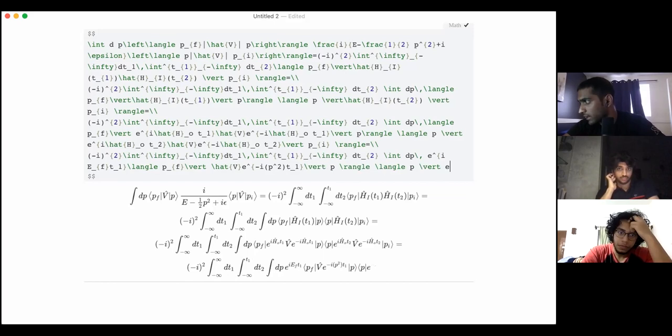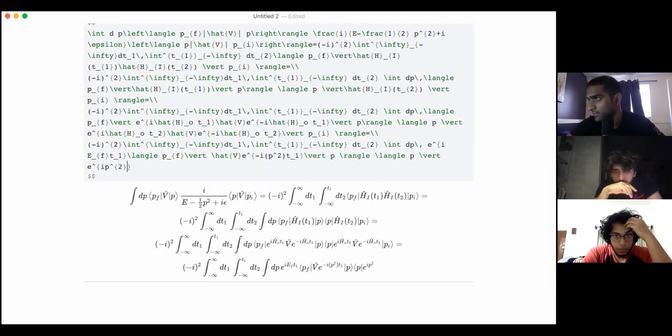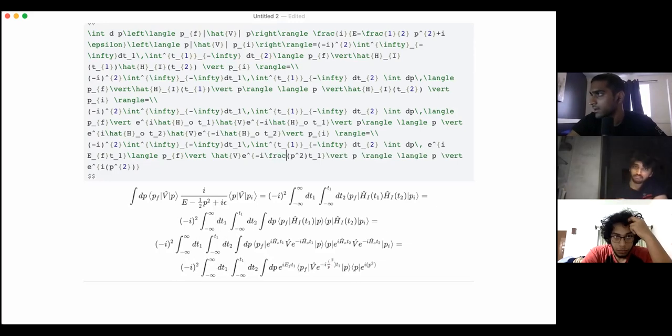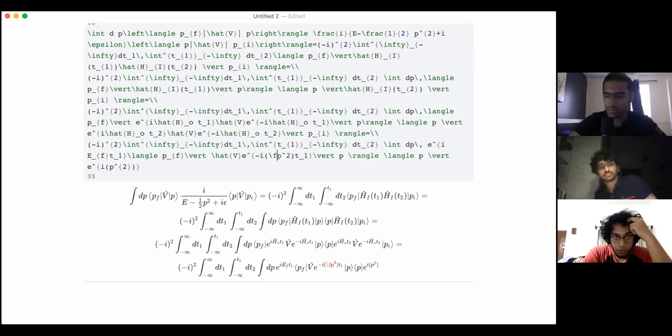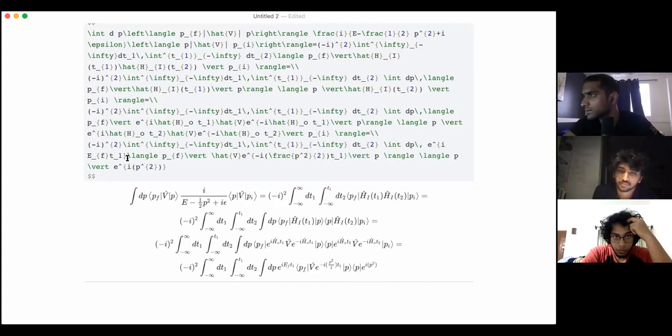Okay, and here we have e power i. Again, we're going to discover if this should be an overall sign or not. I apologize for the frustration. I think it's p squared over 2. That's our free Hamiltonian. Yeah, p squared over 2. I'm not wrong about that.